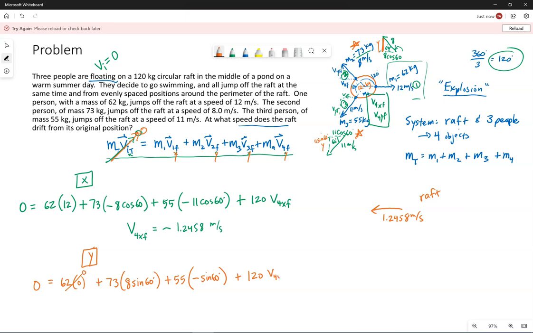Now we have the raft. So the raft's y velocity, if it has one, oh, I forgot my 11 right here. Sorry.